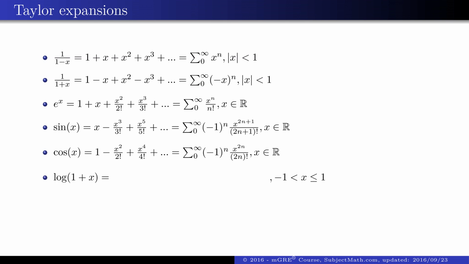If you do remember how to calculate the expansion, stop the video and try to do it for log. If not, this is the expansion for log. It can be derived using integration term by term of the expansion of 1 over 1 plus x.